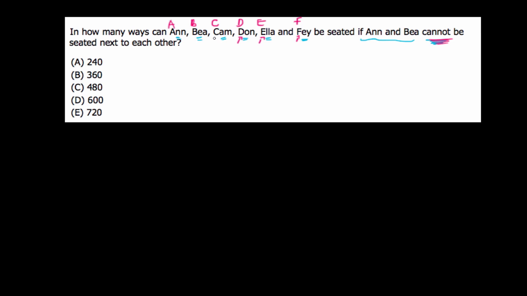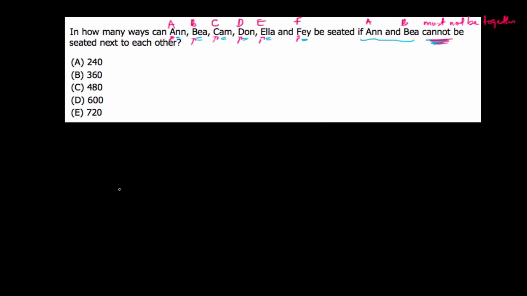So even the question itself, the way it was framed, gave us a clue on how to start the question. So it says in how many ways can A, B, C, D, E, and F be arranged such that A and B must not be together? So that's the question that we have here.